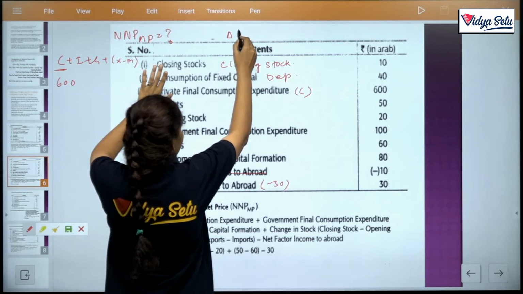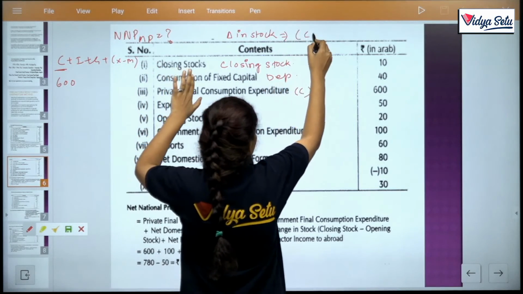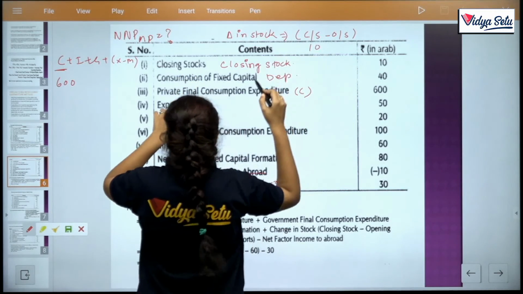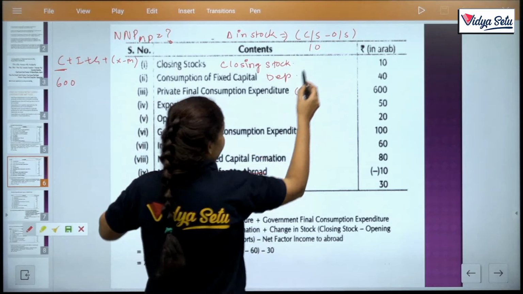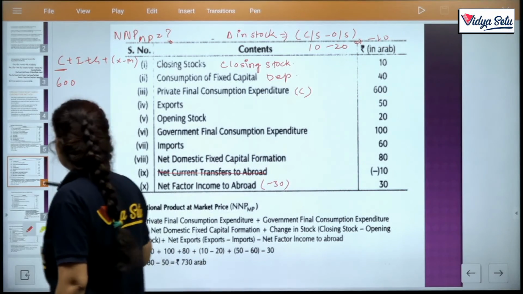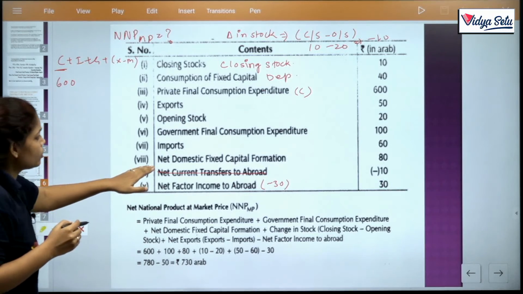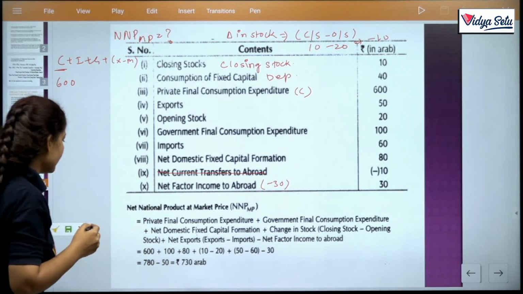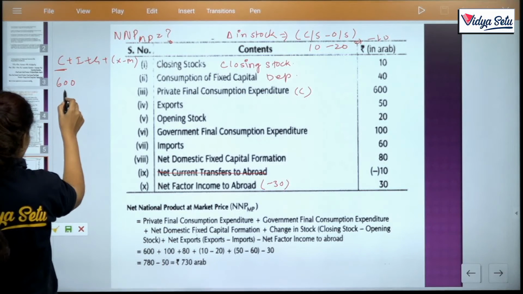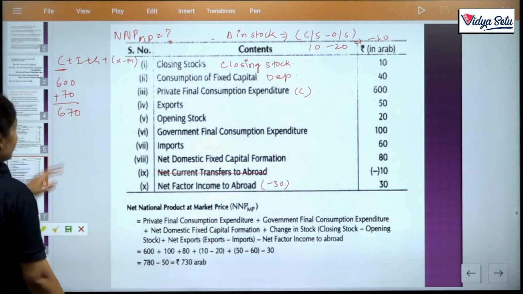So change in stock means closing stock minus opening stock. So closing stock is 10 and opening stock is 20. The answer is minus 10. So we have to deduct. There is minus 10 and net domestic fixed capital formation is 80. So we are on 70. We have to add 70, that is 670 for I.